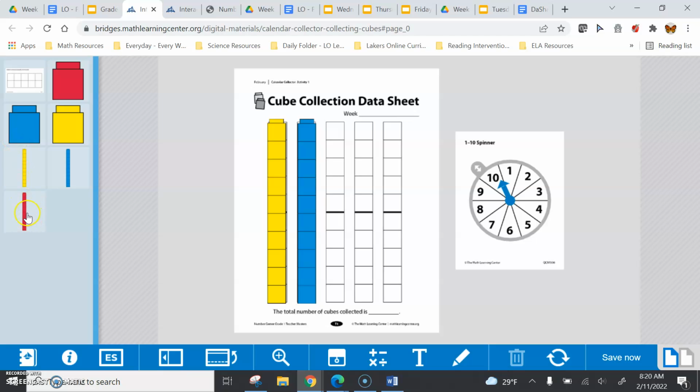Another group of 10. Can you believe this? 3 days in a row where we have actually had 10 cubes. So far this week, we've had 10, 20, 30 cubes we've collected. That's the most we've collected in a week for this entire month. That is incredible.